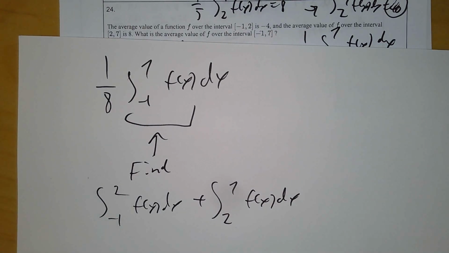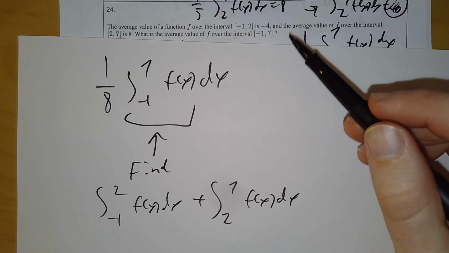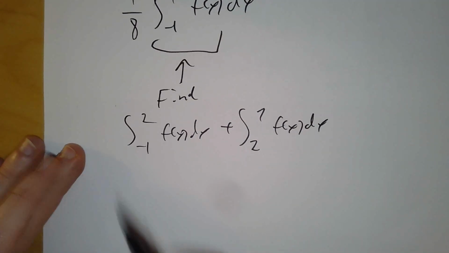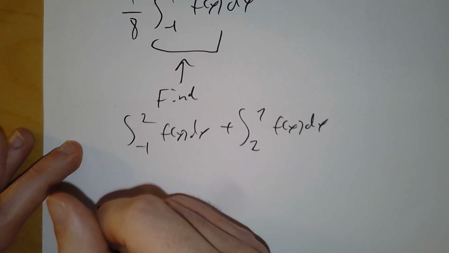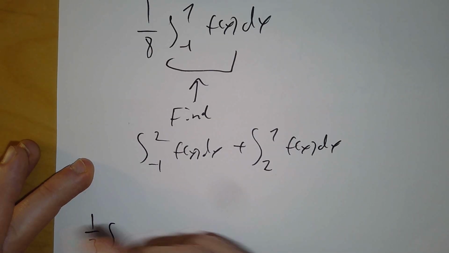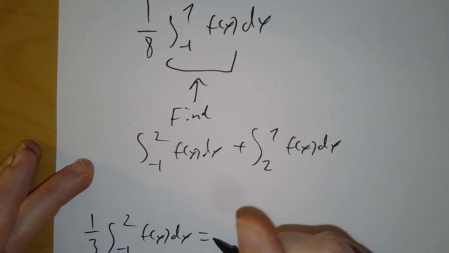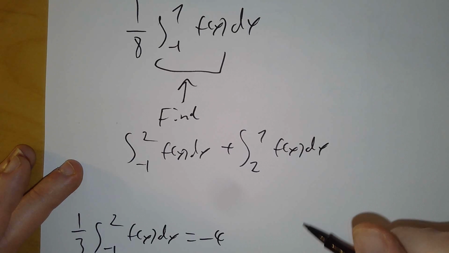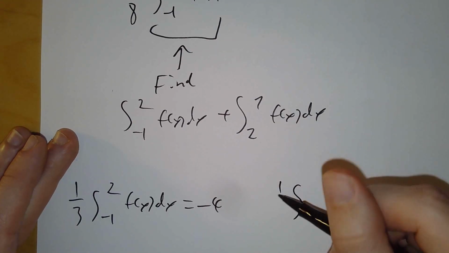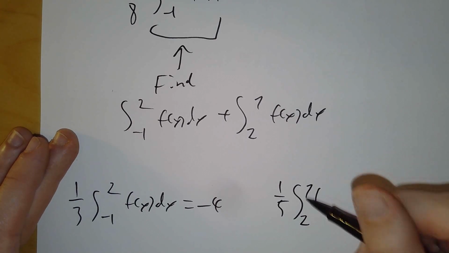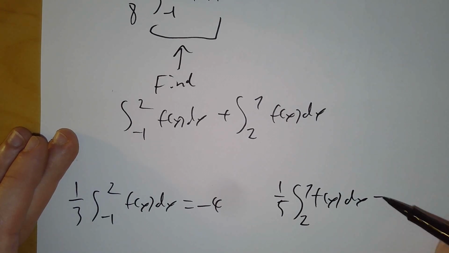And I don't know those, but I knew the average values of them. The average value, 1 over 3 times the integral from -1 to 2 of f of x dx, was -4. And the average value, 1 over 5 times the integral from 2 to 7 of f of x dx, was 8.